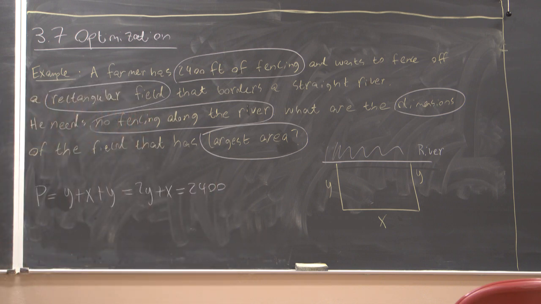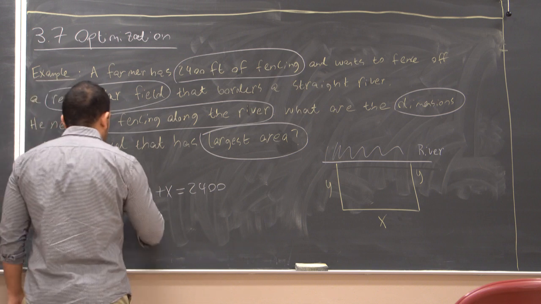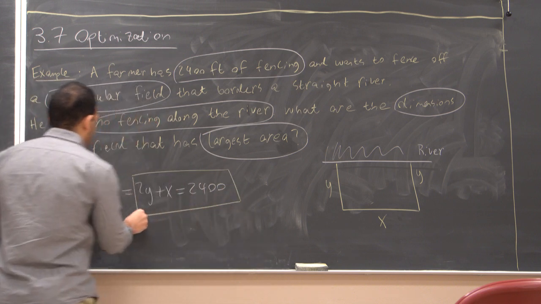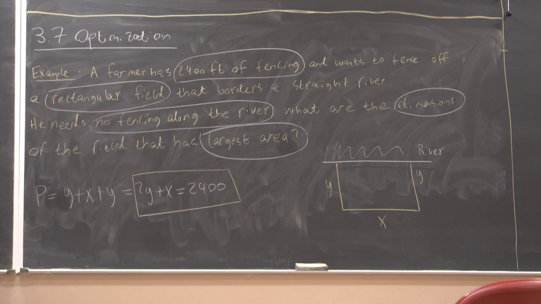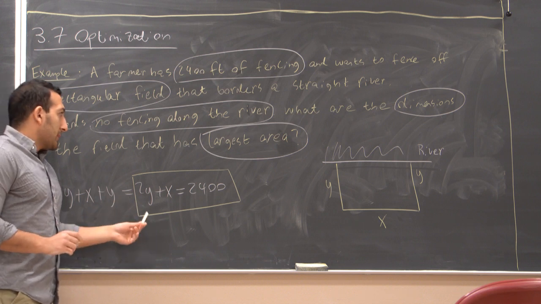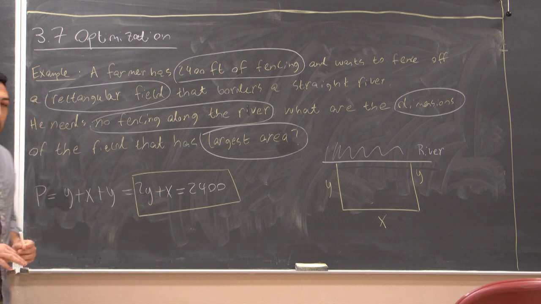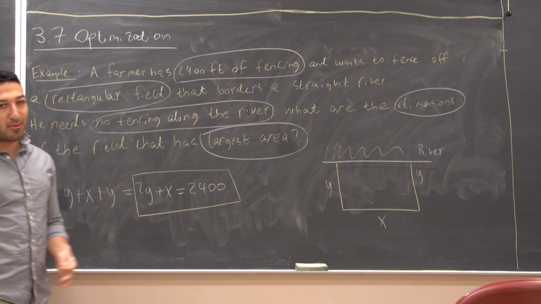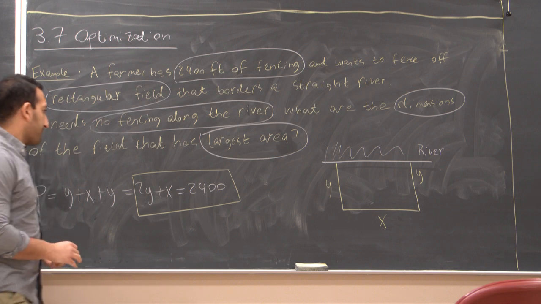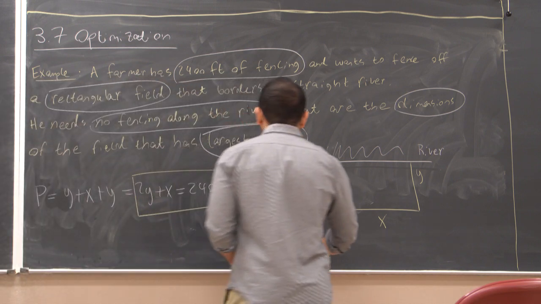So this is the first important equation that we get out of this information: 2Y plus X is 2,400. And that basically has to do with the perimeter. And you may be saying, okay, well, this has nothing to do with the area. Why are you caring about the perimeter? So we'll see in a second why this is important.